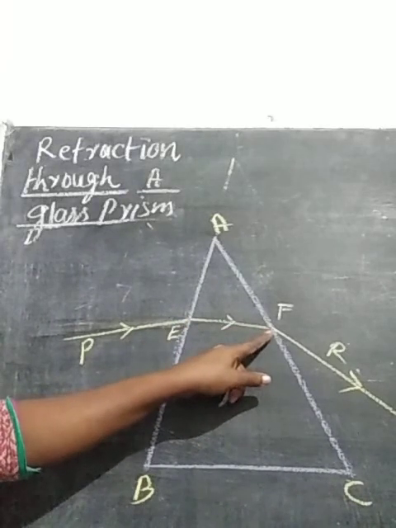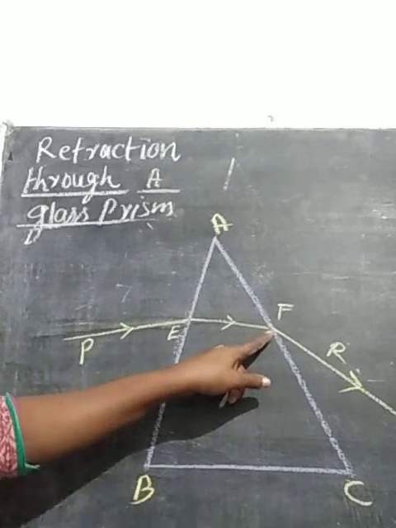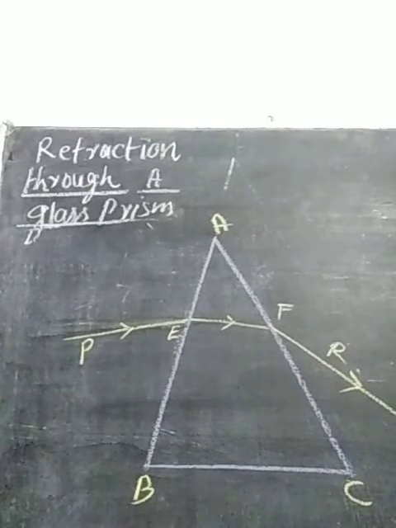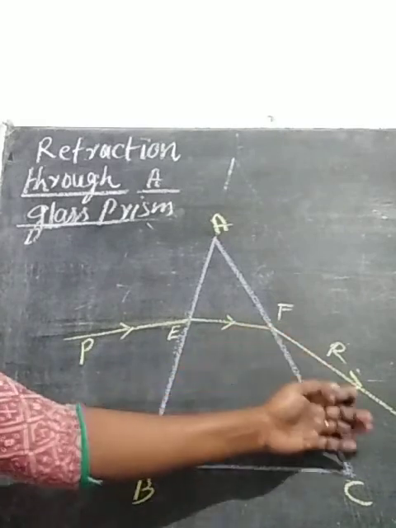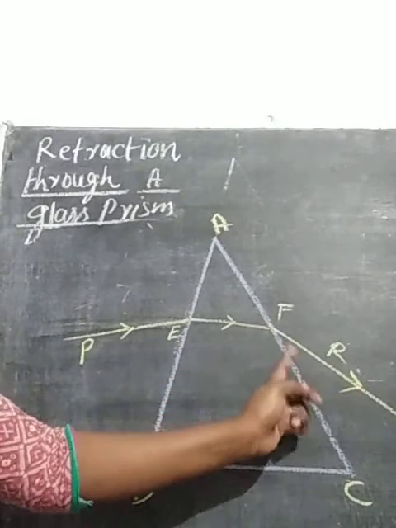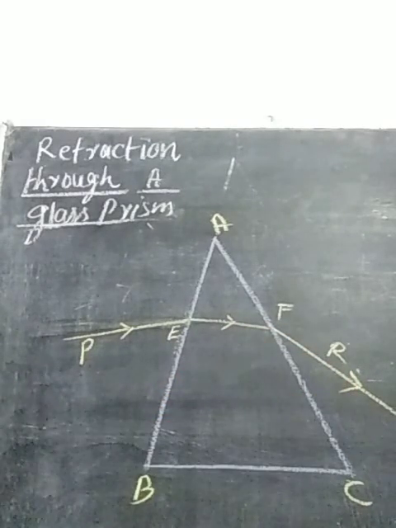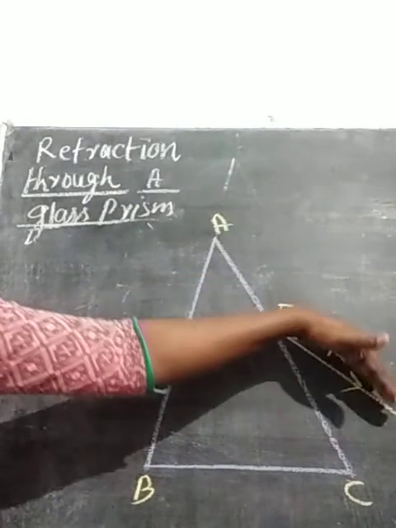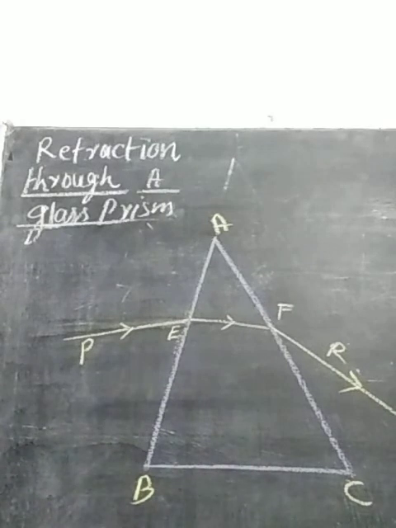At F, the same light ray undergoes refraction for the second time, and this is the finally refracted ray, which we call the emergent ray, the ray which emerges out of the glass prism. So these are the different rays: the incident ray, the first refracted ray, and the finally emergent ray, or finally refracted ray. Let me mark all the important points on this prism.